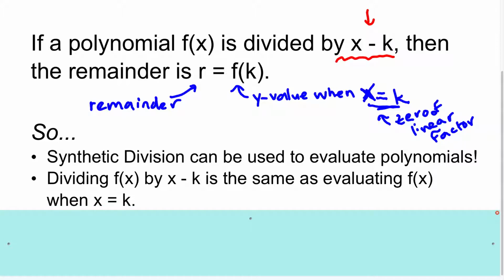When you divide f of x by x minus k, it's the same as evaluating f of x when x equals k. So that's restating the remainder theorem in another set of terms. Maybe a little less mathy, but still a little bit of math in there. So dividing f of x by the linear factor x minus k ends up being the same thing as evaluating f of x when x equals k.